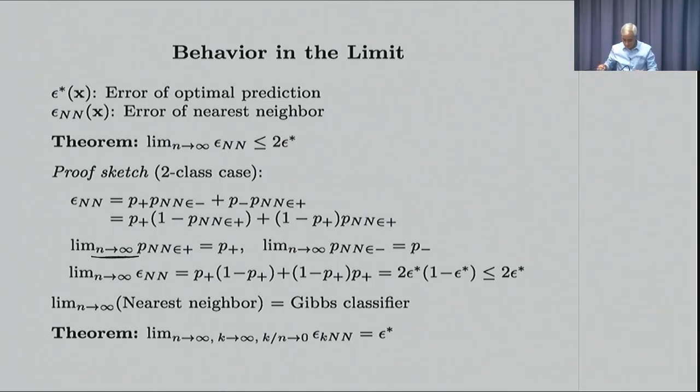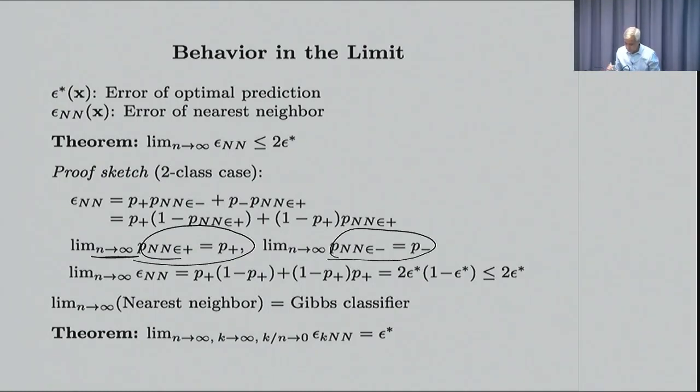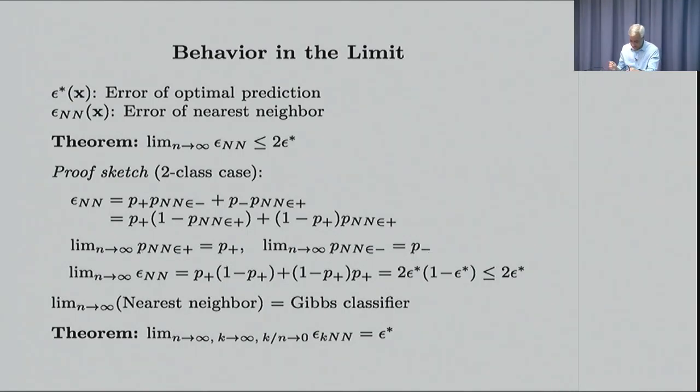Okay? And if they're on top of each other, then the probability that nearest neighbor predicts plus becomes the probability that it's plus. And the probability that nearest neighbor predicts minus becomes the probability that it's minus, because we are now at the same point. These are now the same probability. Everybody agree? Therefore, we can replace one by the other, so let's do that. I can go to this expression and make these replacements, and what do I get?